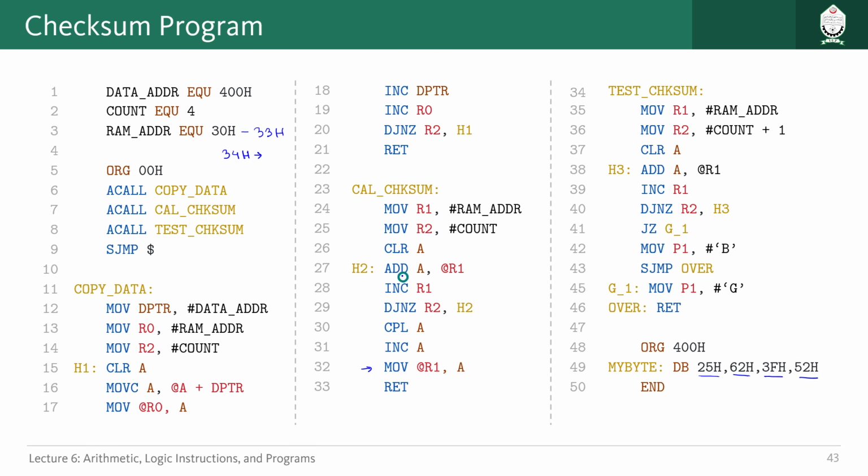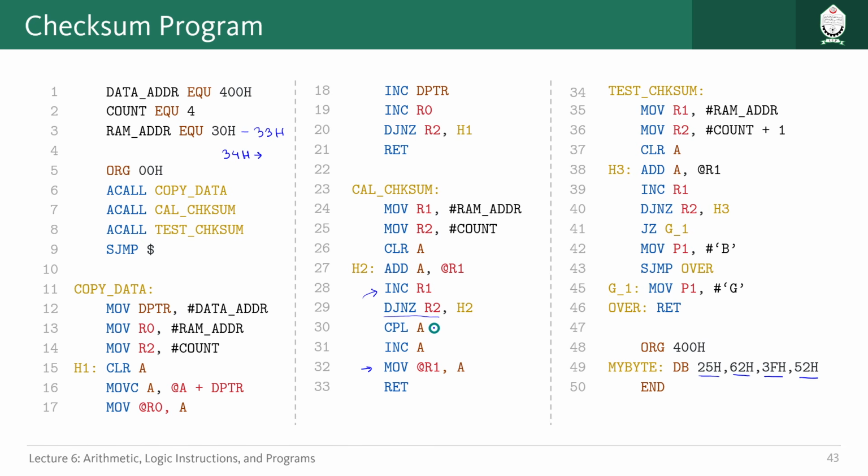Understand that whenever we execute this loop, in the last iteration, R1 will get incremented from 33 to 34 here. So when we get 34H inside of R1, obviously R2 will become 0 because already 4 times the loop has been executed, and now the value stored in R2 is equal to 0.